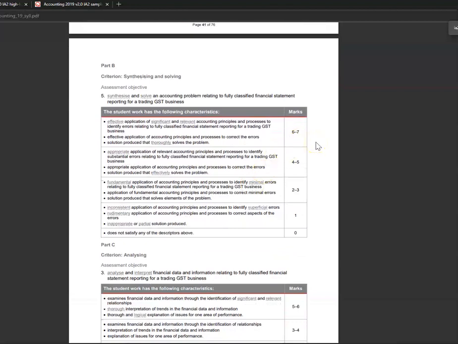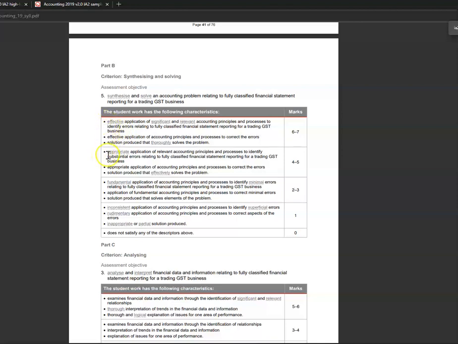For your Part B, the key differences are between top level and next level. We're looking at effective application of significant and relevant accounting principles and processes to identify errors, and an effective application of accounting principles and processes, so that the solution thoroughly solves the problem. We drop down to the next level.